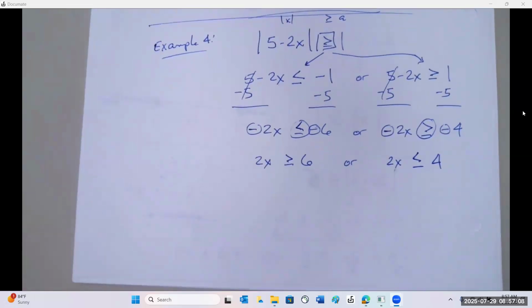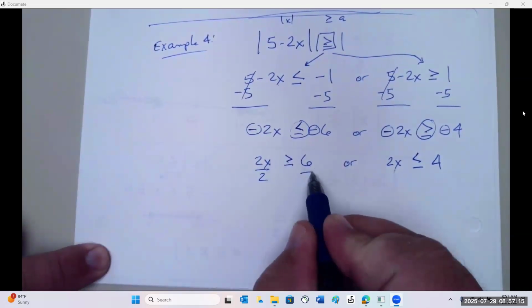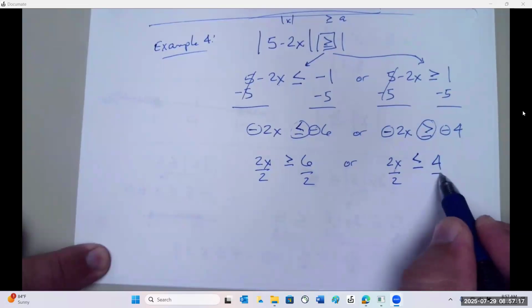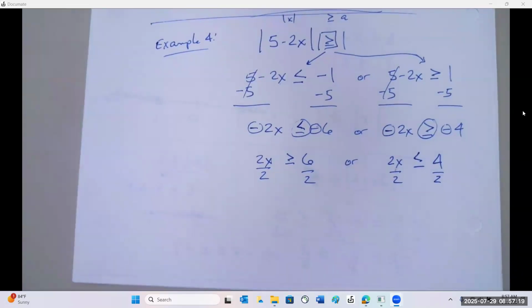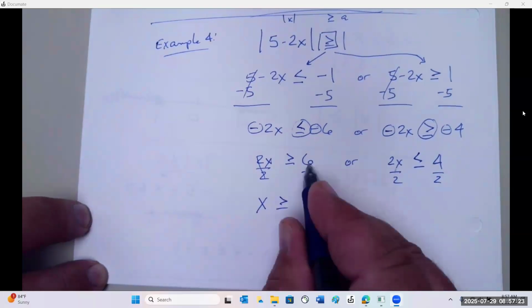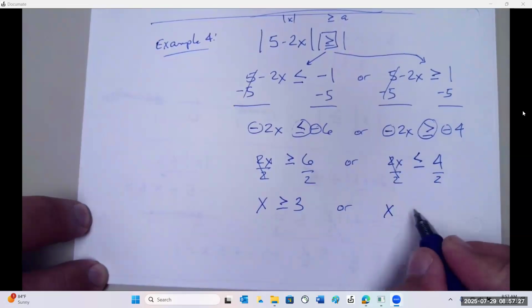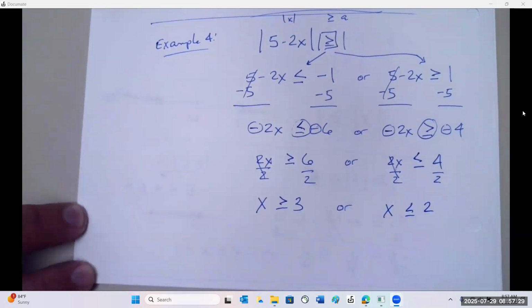Now I get my x by itself. Now, since the only thing in front of the x is a 2, I divide everybody by 2. Six divided by 2 is 3. X is less than 4 divided by 2, which is 2.